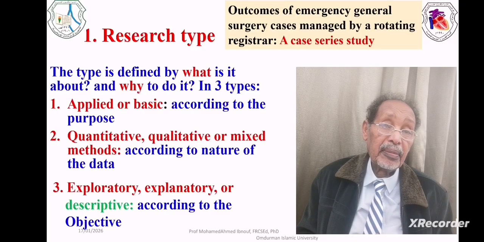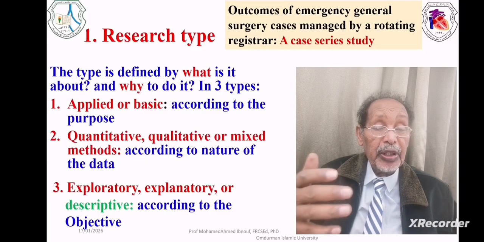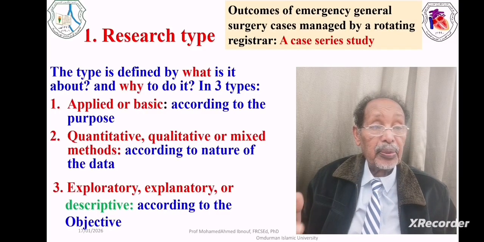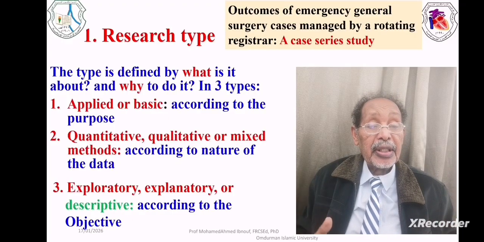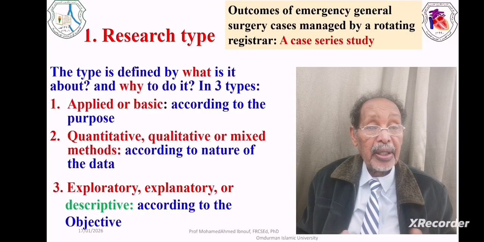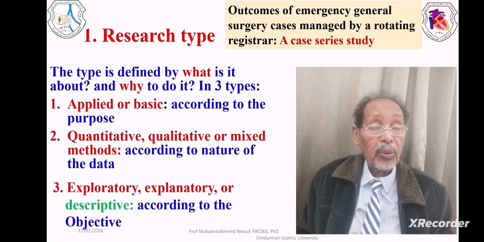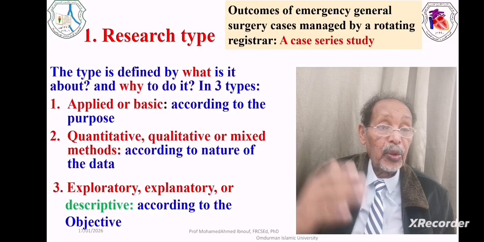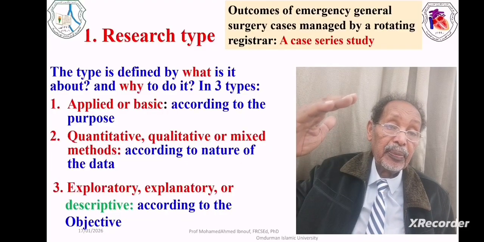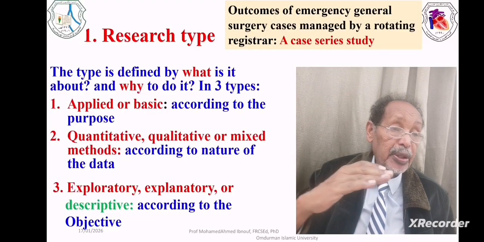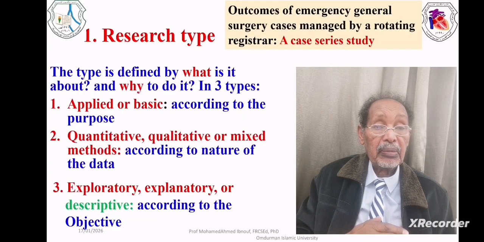And when we feed all the data to an analytical statistical program like SPSS, before doing the analysis, we have to review the whole data. Probably one patient has been repeated once or twice.